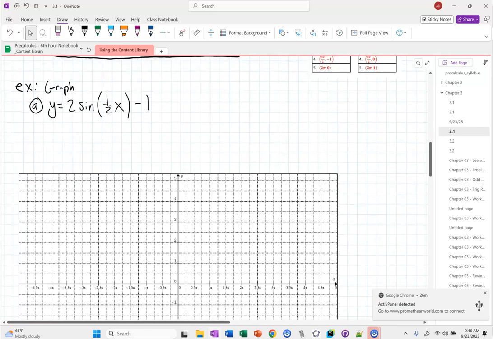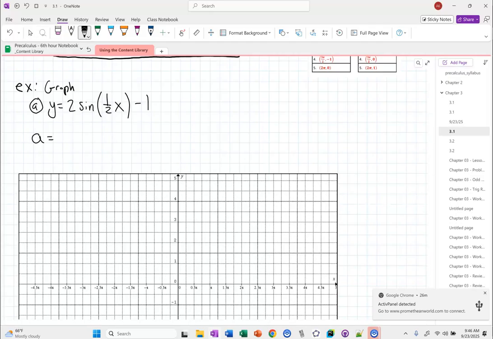Scroll that up. First thing we need to do before we start is identify our values for a, c, h, and k.